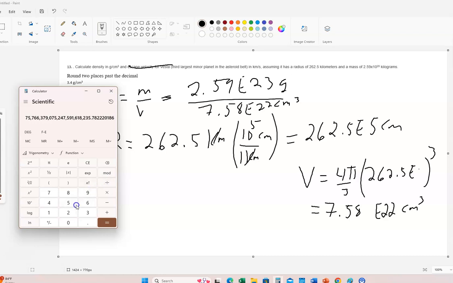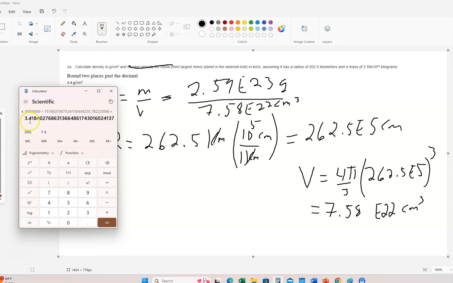And then I'm going to put this number in. 2.59 times 10 to the 23rd divided by the memory recall. So that's the volume.